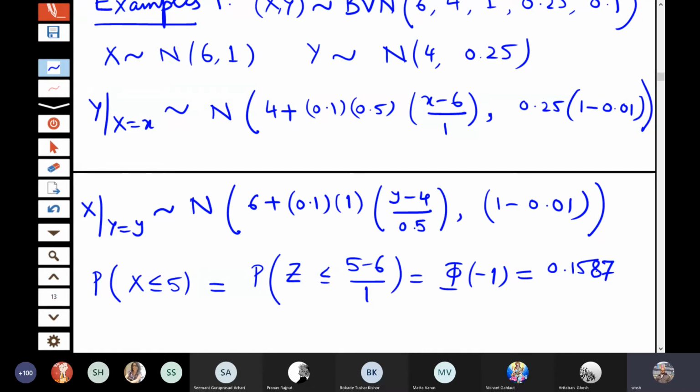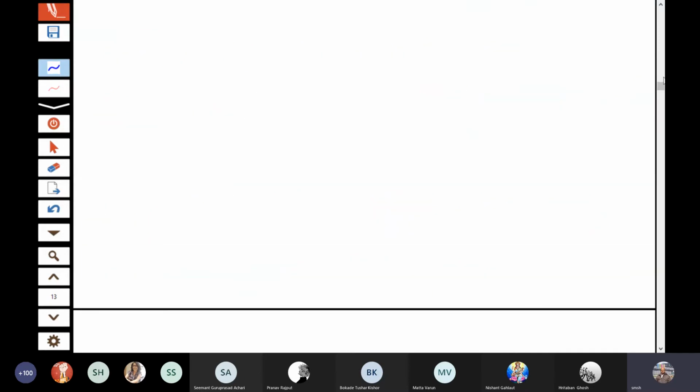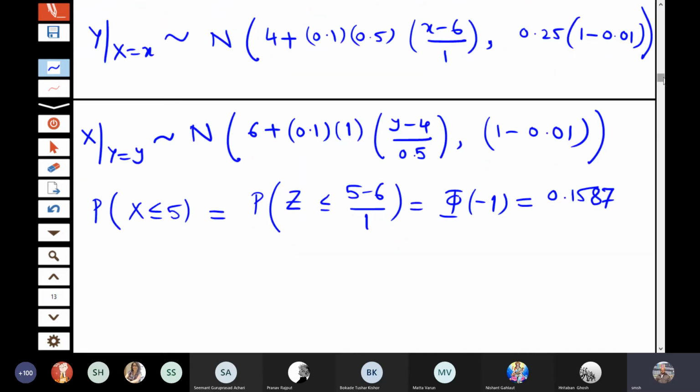Similarly, suppose I want to calculate some other value. Suppose I want to use the conditional distribution of y given x. This is the probability that x is less than or equal to 5. Suppose I want to find out the probability of y less than or equal to 5 given that x is equal to 5.